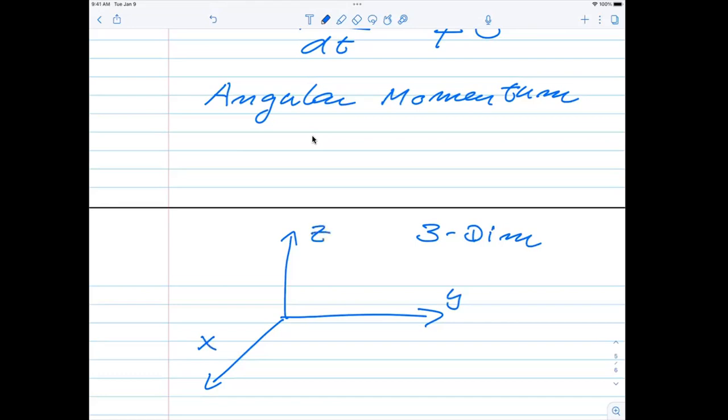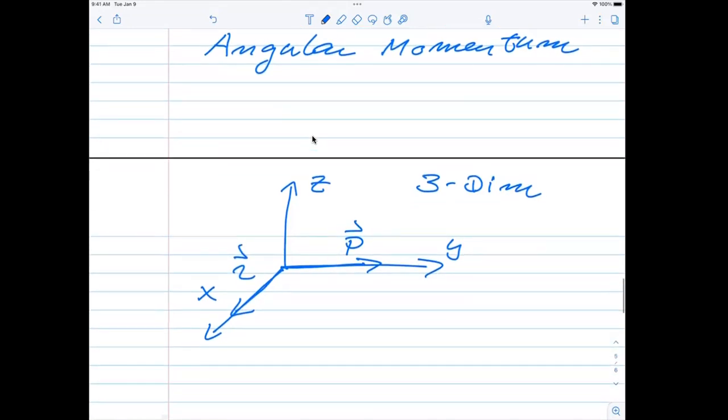What we could do now is simply to say that the linear momentum p is defined along the y-axis and the position r is defined along the x-axis. If you now take the cross product of this, it will define a vector which points perpendicular to the plane which is spanned by r and p. And this is going to be the angular momentum. That's the definition of the angular momentum.